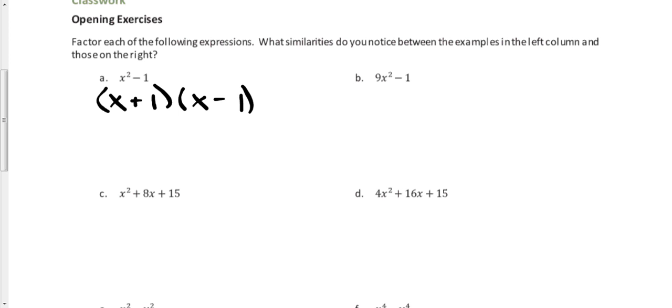Right now you should be writing with your pencil on your paper. What do we start with when we're factoring? We start with two sets of parentheses, because I know this is going to factor into something that looks like this: x plus something and x minus.